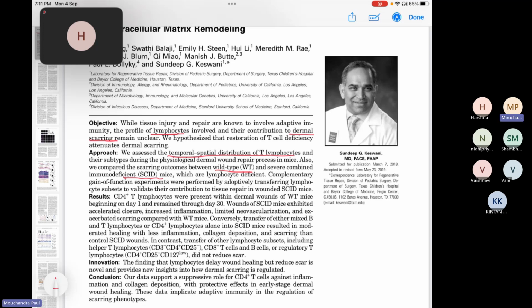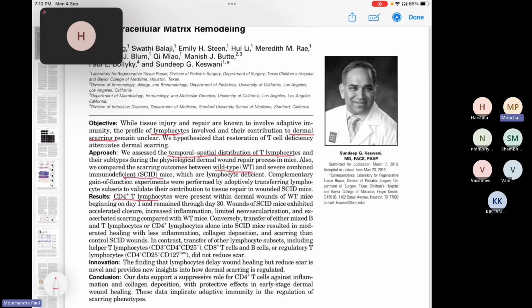So basically, they are trying to compare the presence or absence of T lymphocytes and how it affects the dermal scarring process.